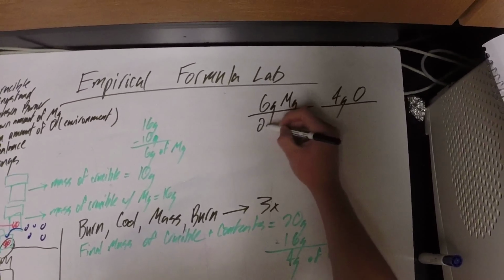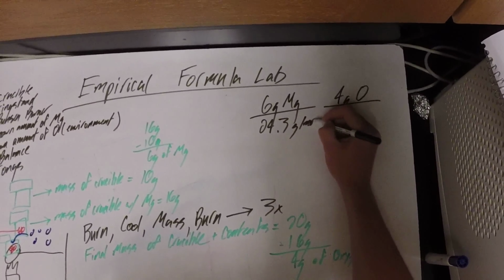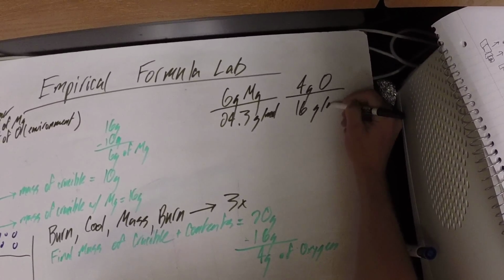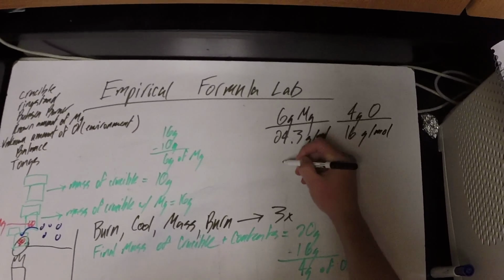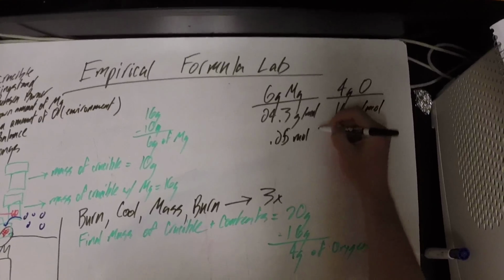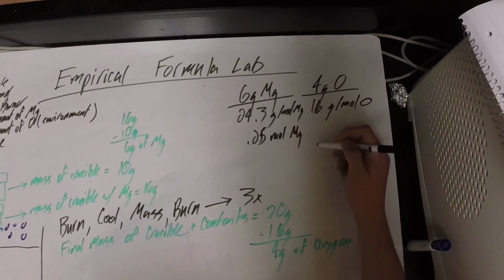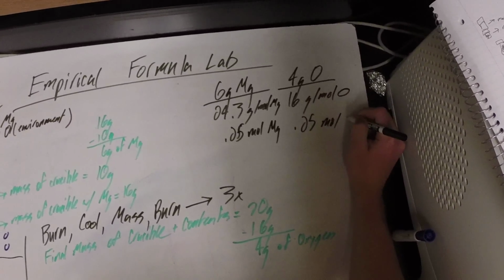So for Mg, that's 24.3 grams per mole, and for oxygen it's 16 grams per mole. And when you do that, you'll get 0.25 moles Mg, and then you'll get 0.25 moles oxygen.